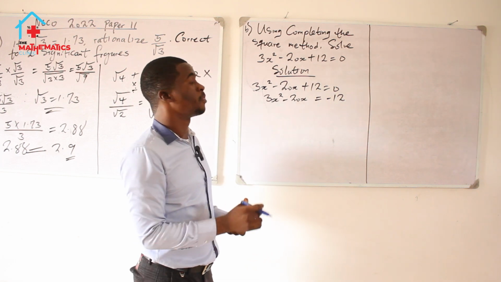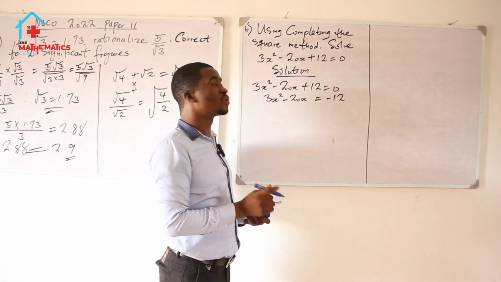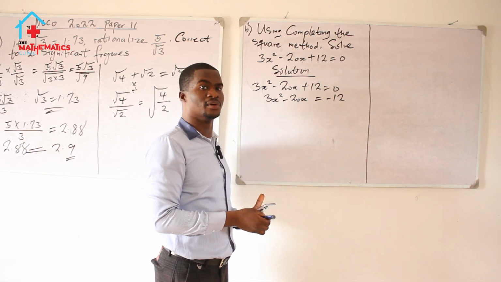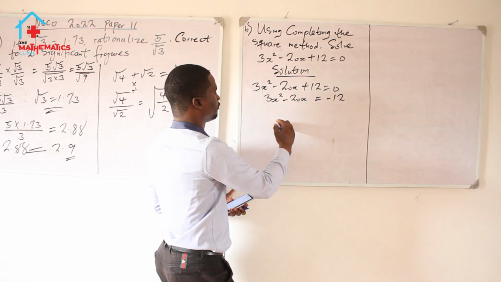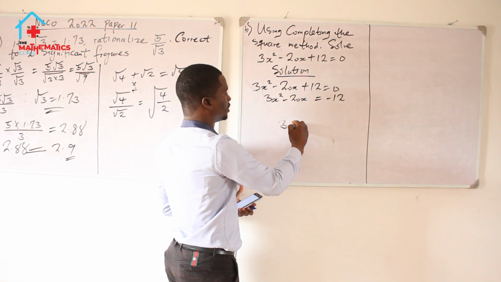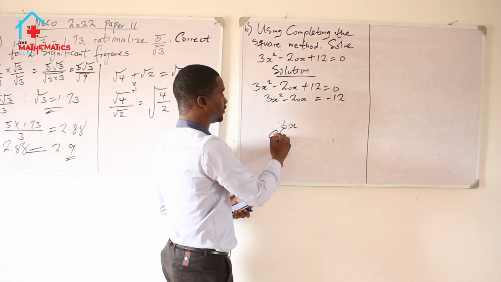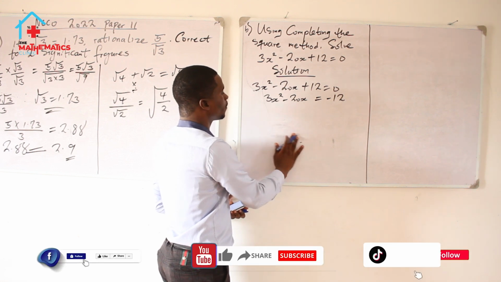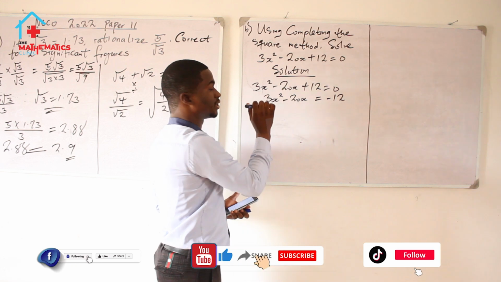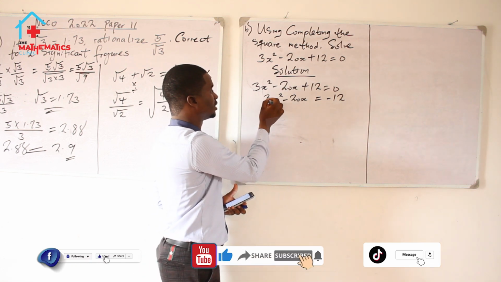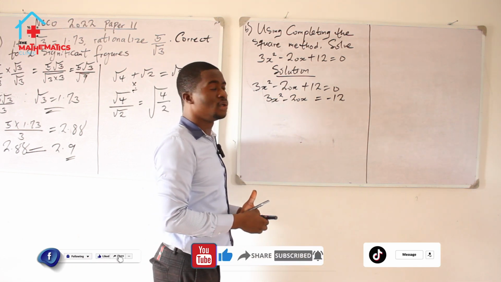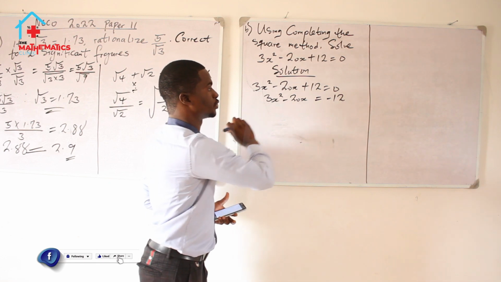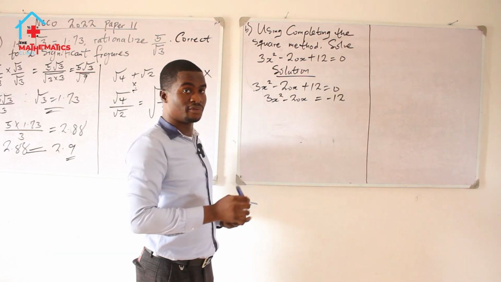Step 1 done, right? Then the second step is to consider the coefficient of x squared. When you have an algebraic expression 3x, this is the coefficient, this is the variable. So you consider the coefficient of x squared. In this case, the coefficient of x squared is 3. So all you have to do is divide through by the coefficient of x squared.